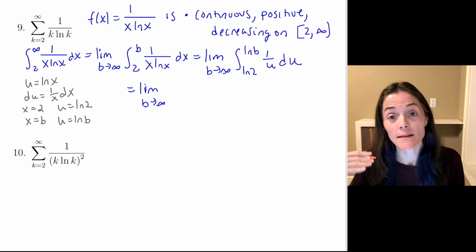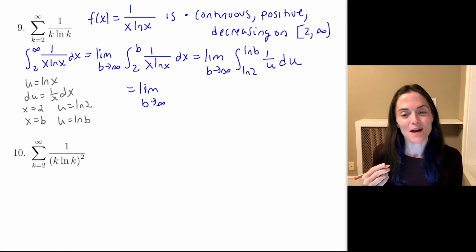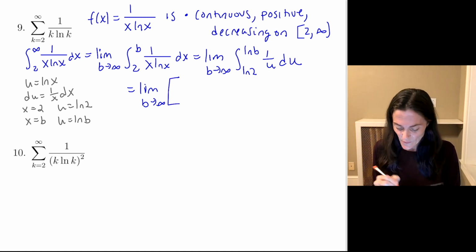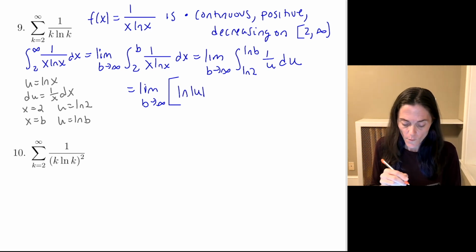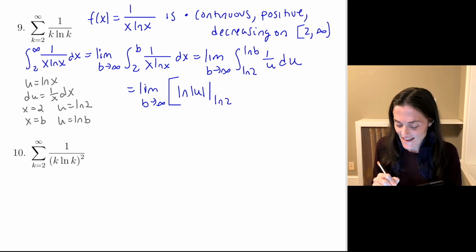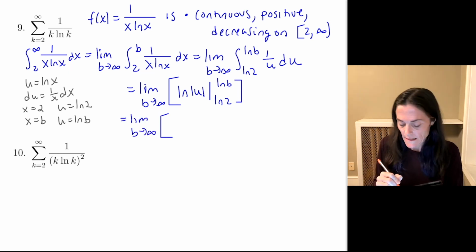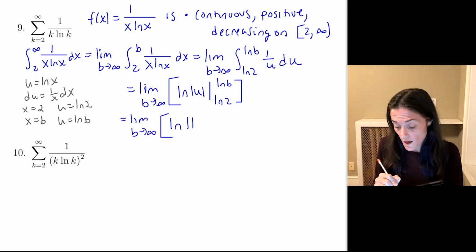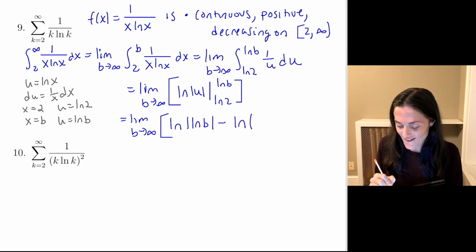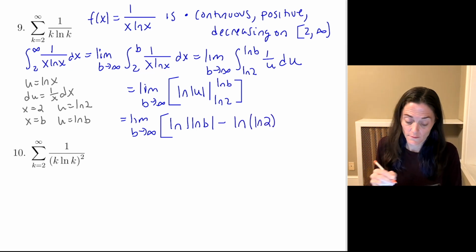So I am still in the definite integral part of this improper integral. Well, we have ln of the absolute value of u, and then we evaluate between ln 2 and ln of b. This is natural log of b minus natural log of 2.